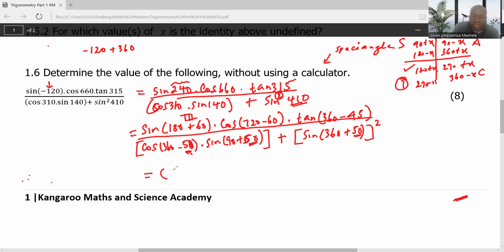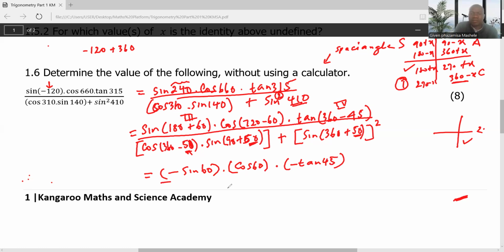So you're going to have negative, because it's not a co-function, negative sine 60, multiplied by 720 minus, it's in the fourth quadrant, and where cos is positive. But 720 is not a co-function, so this will become cos 60, multiplied by 360 minus an angle, fourth quadrant also, where tan is negative, so this will become negative tan 45.